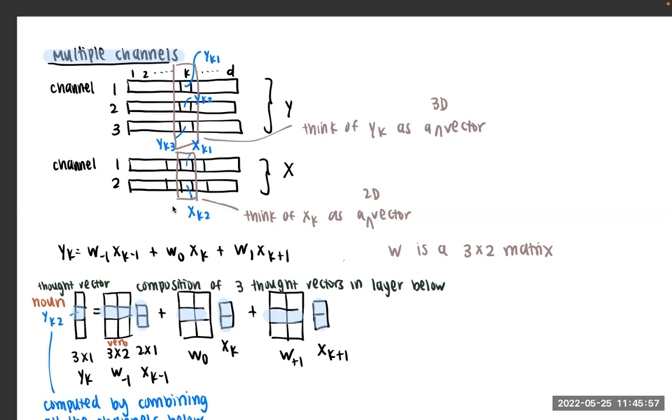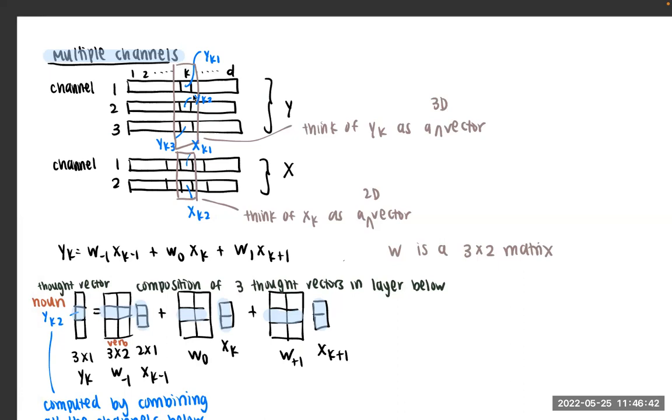The way we do this is actually the same as what we did before in the one channel situation. In the previous page, we studied the one channel situation, and we can still use the same formula. So yk is w negative 1 xk minus 1, plus w0 xk, plus w1 xk plus 1. But here we need to use the vector notation. So that is, each yk consists of yk1, yk2, yk3.